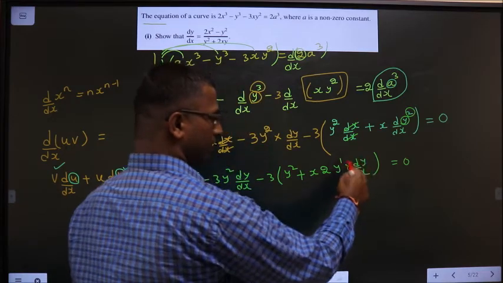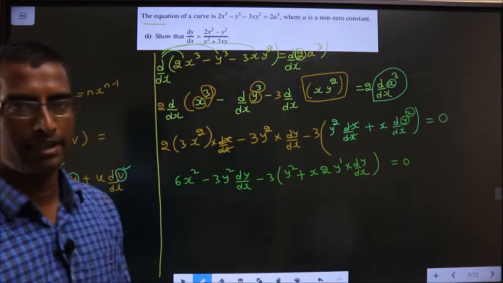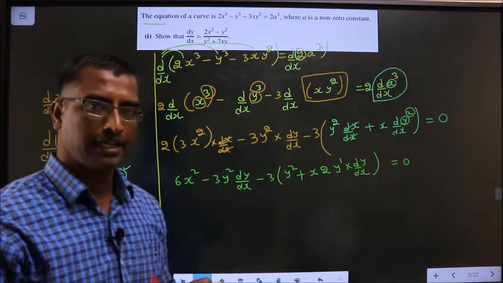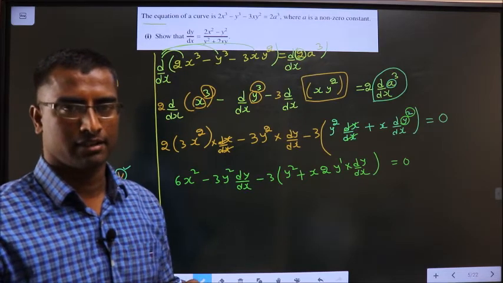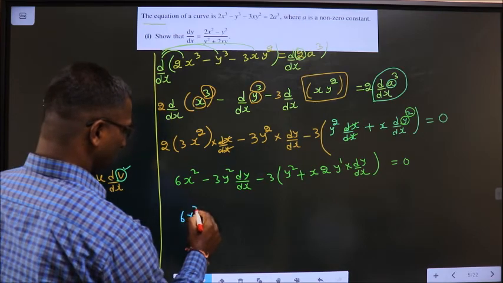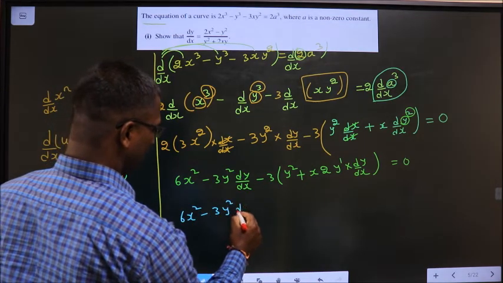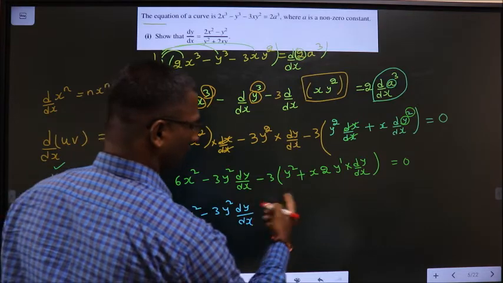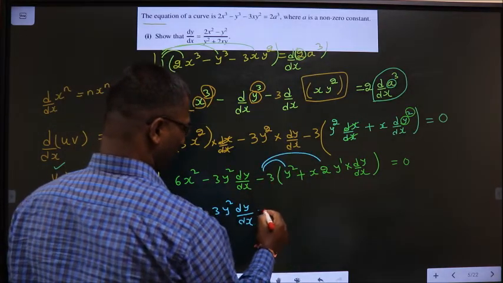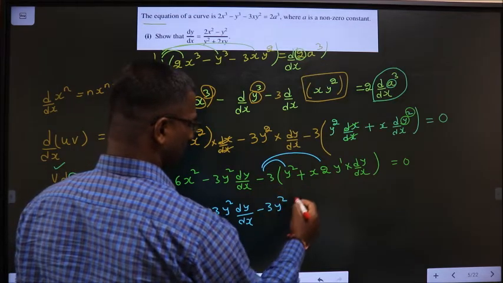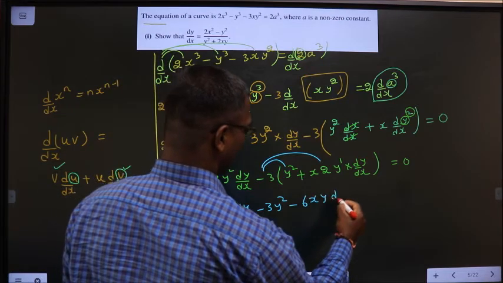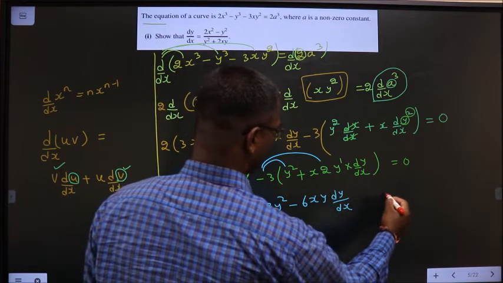Did you understand? Many forget this. You should not forget. Whenever you are differentiating, write d/dx of whatever letter was present. Now, this is 6x² minus 3y² dy/dx. Now open up the bracket, or multiply with minus 3. So minus 3y² dy/dx, here plus minus 3 into 2, 6xy dy/dx equal to 0.